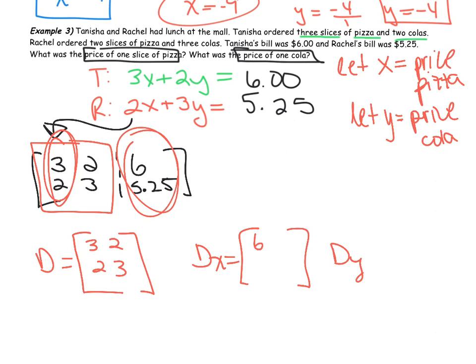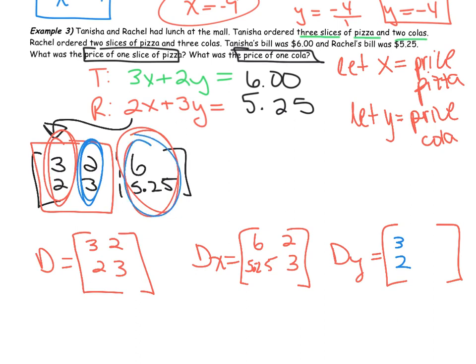So I'll have 6, 5.25, and we leave the y column of 2, 3. And then Dy is going to equal, we leave the x column of 3, 2, and we replace the y column with what's on the right-hand side of the equal sign.